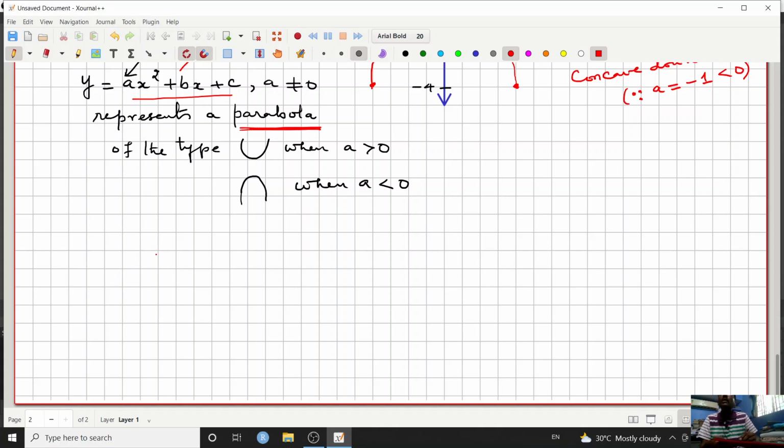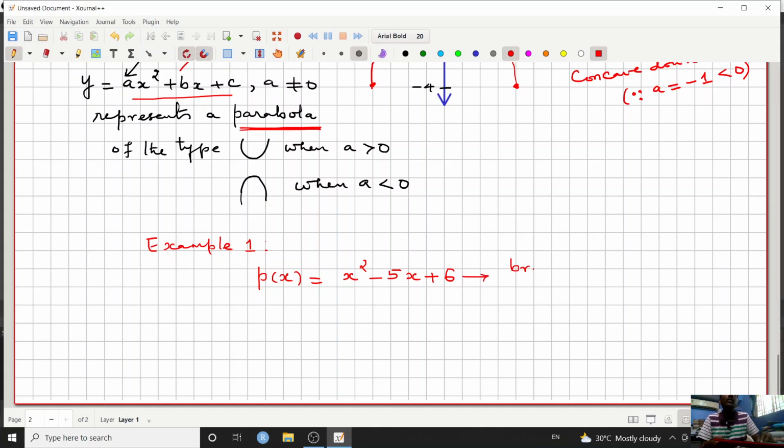Now let us consider an example. In fact, we have to consider 3 examples. Let us consider example 1, which is a simple example. Let us consider a polynomial p of x is equal to x square minus 5x plus 6. Now we are going to break this quadratic polynomial into 2 linear polynomials.